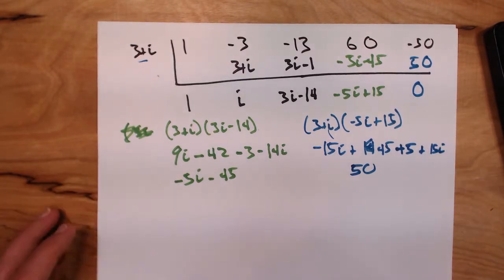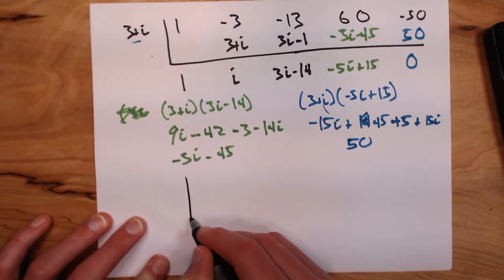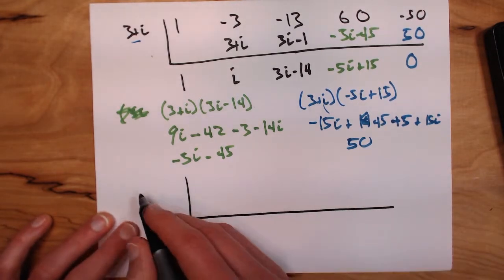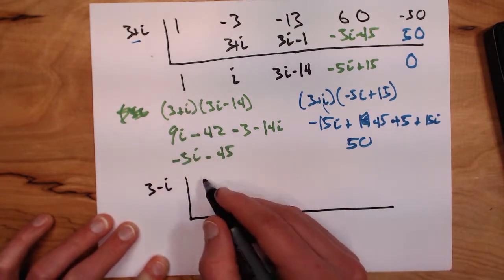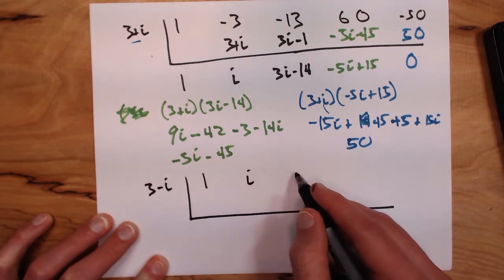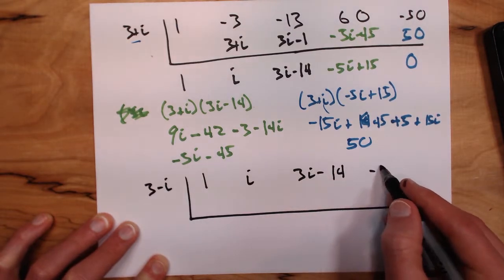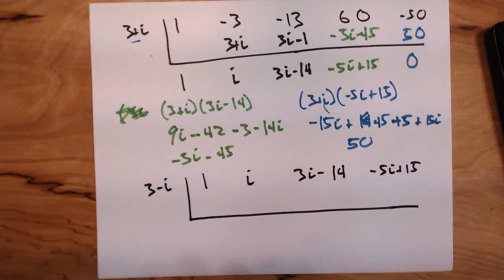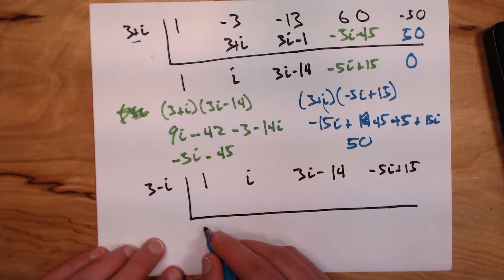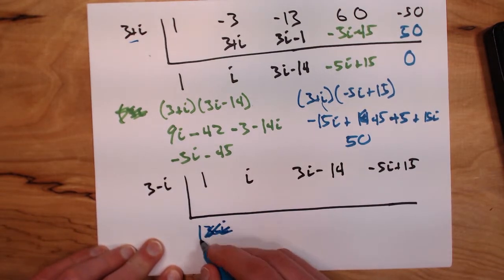So now we're going to write our depressed polynomial down here and synthetically divide by our other root, which is 3 minus i. Our depressed polynomial is 1, i, 3i minus 14, and minus 5i plus 15. Same story again. Let's get to work. 3 minus i. Excuse me, that's just a 1.